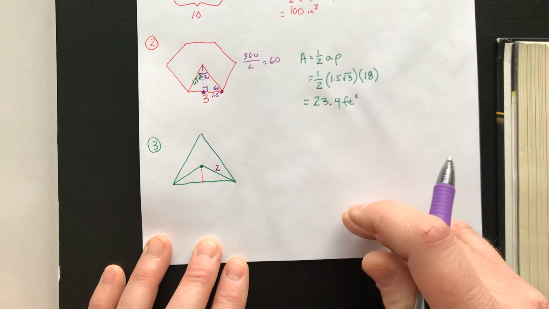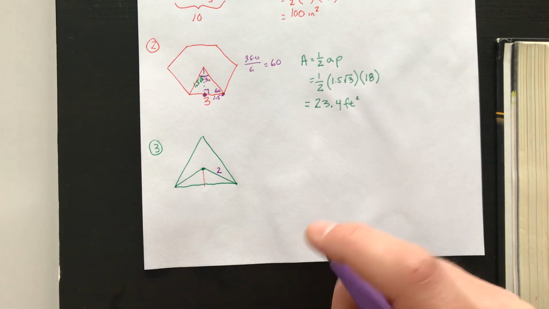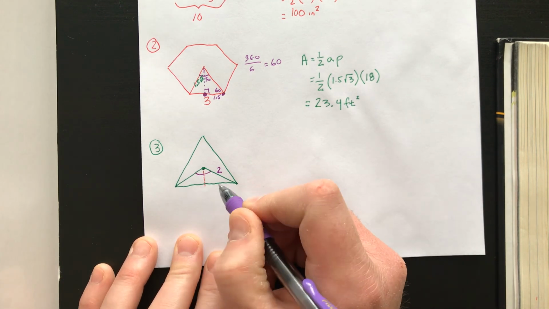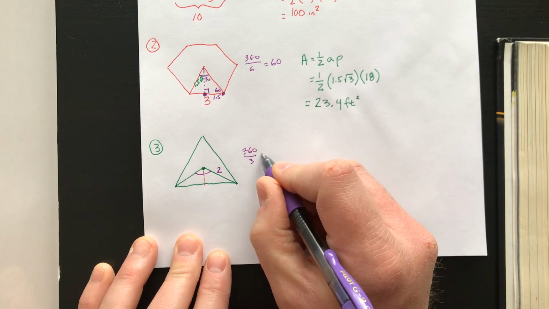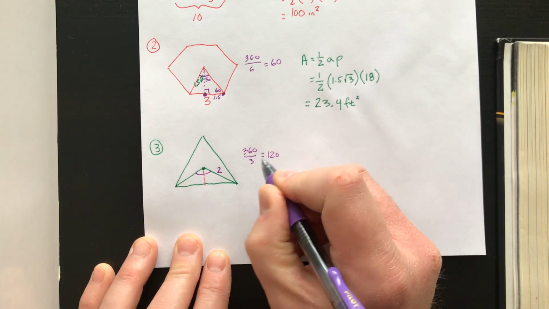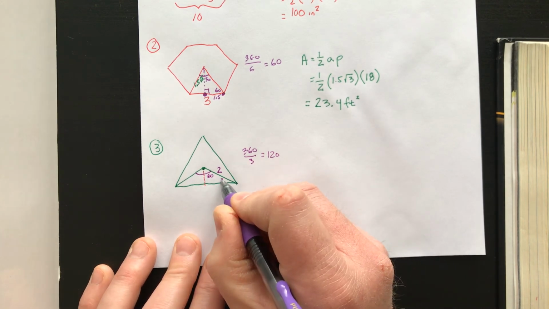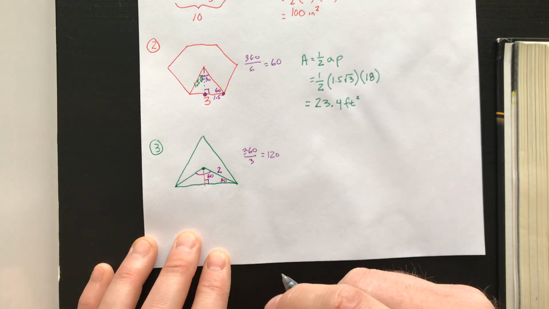So that's 2. Well, once again, we have to find our central angle, which would be 360 divided by 3 equals 120. But the apothem cuts that in half. So once again, look at what I have, a 30, 60, 90 triangle.